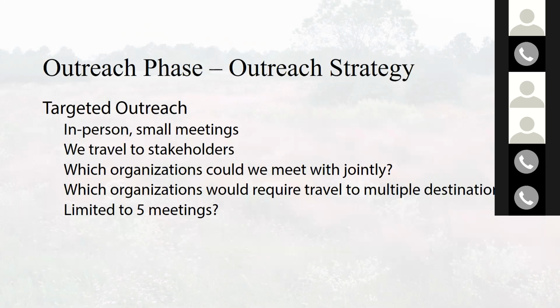A couple of the questions there are something we need to figure out moving forward after this webinar, instead of now. But if anyone wants to throw out real quick organizations or groups that we could meet with jointly, we're also thinking of limiting this to 5 meetings and then having a couple of webinars or workshops afterwards that can get at broader stakeholders.